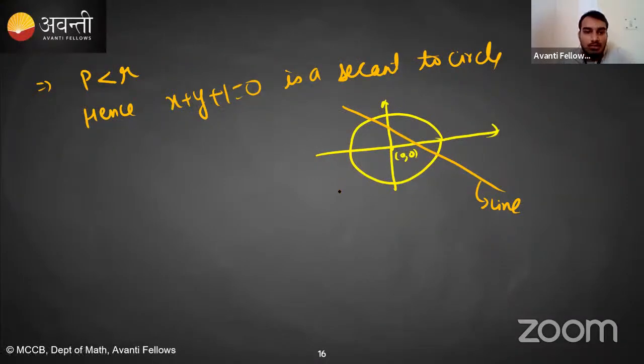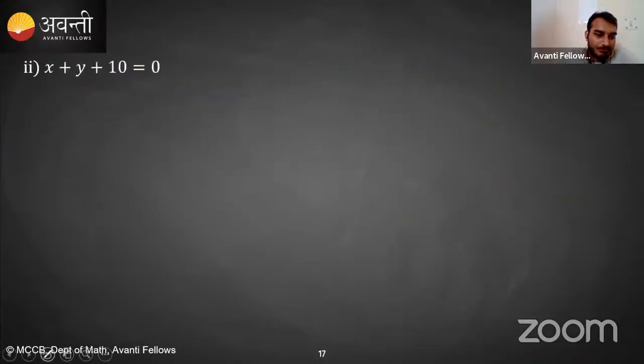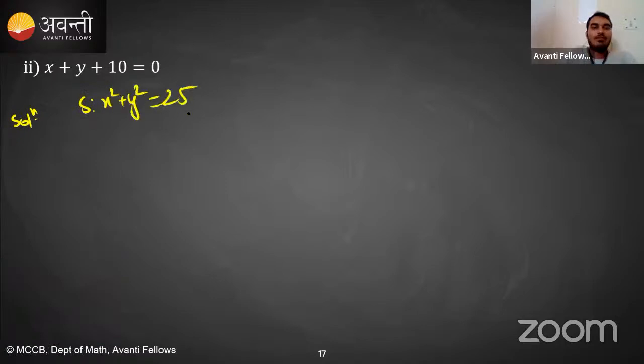Okay. So now the second question is: what is the position of this line with respect to the circle? Let me write the circle again. The circle is x square plus y square is equal to 25. Everybody tell me quickly in the chat box.